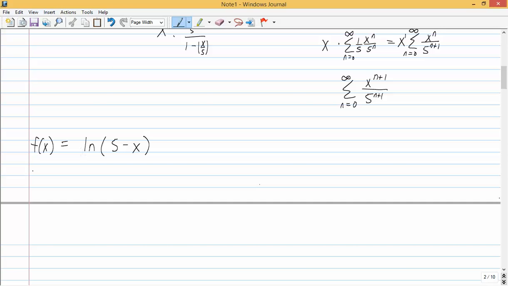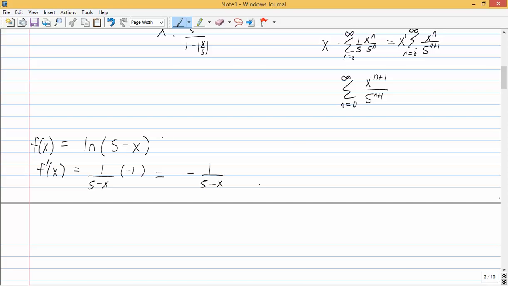So if I took and found the derivative of the natural log of 5 minus x, that would be 1 over 5 minus x times the derivative of 5 minus x, which is negative 1. So negative 1 over 5 minus x is the derivative of the natural log of 5 minus x.